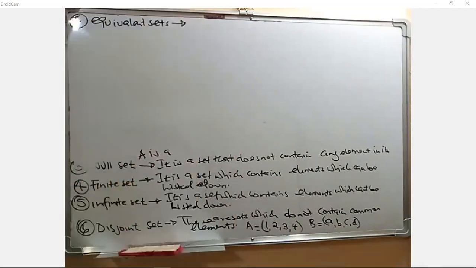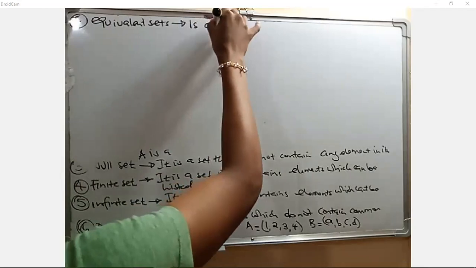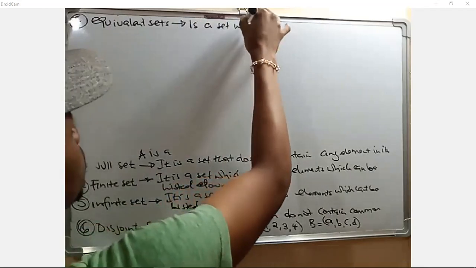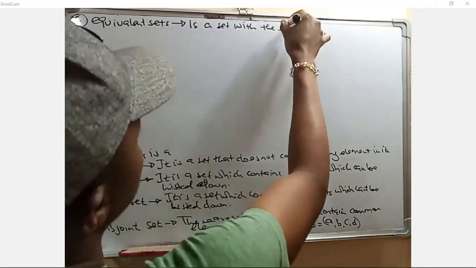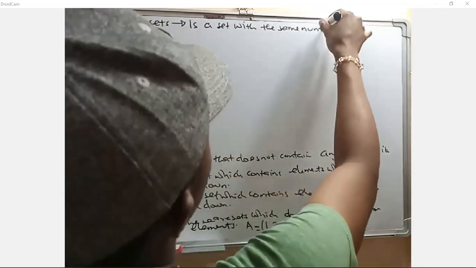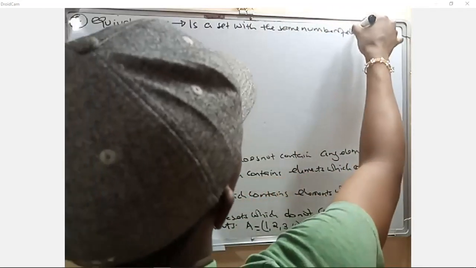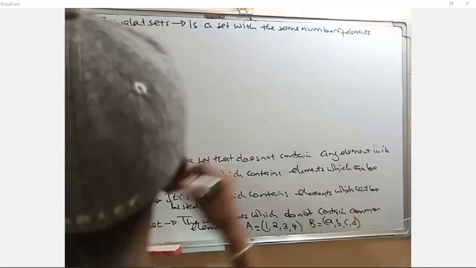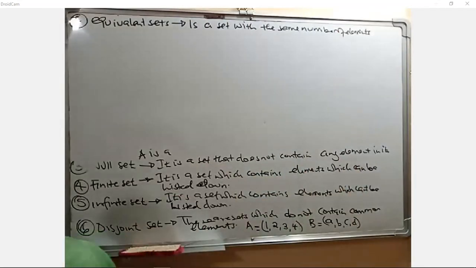You look at the equivalent sets and we say these are sets with the same number of elements.